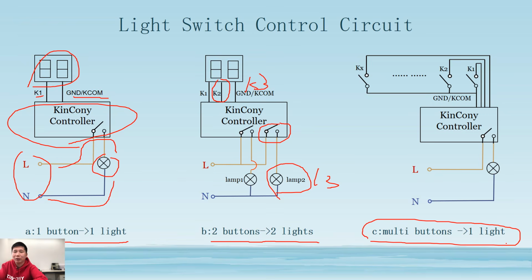It also will be very easy. So you can see in our circuit, this K1 and K2 and Kx means no limit. Maybe you have K3, K4, K5, K6 until K10. If you want 100 switch buttons to control 1 lamp, also no problem.